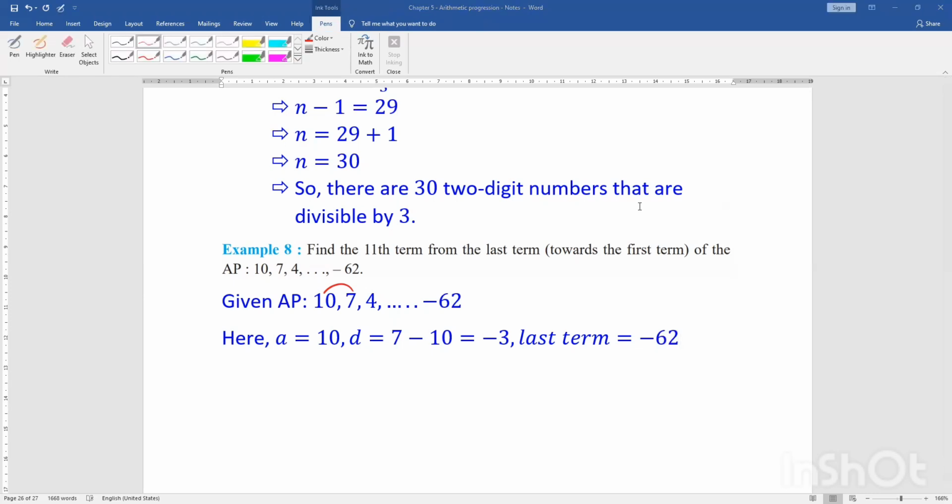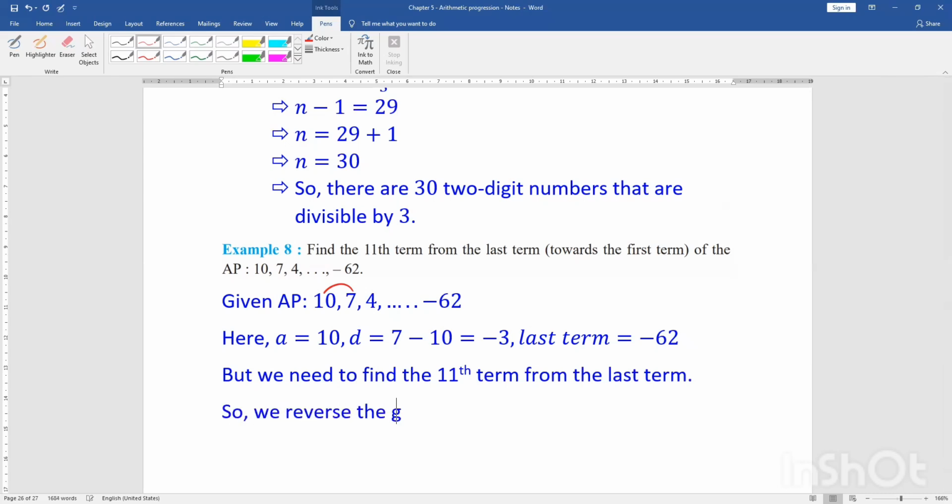But we need to find the 11th term from the last term. So we reverse the given AP.